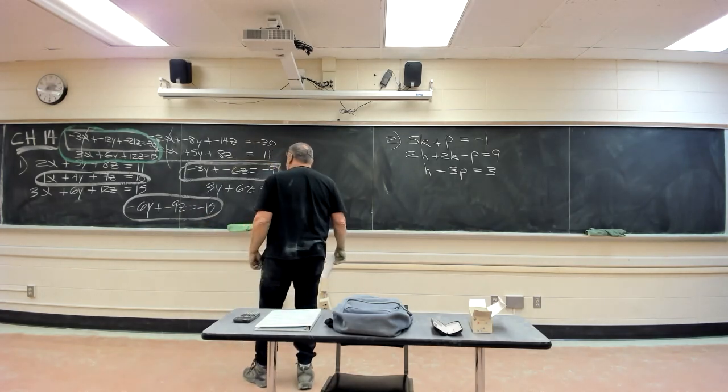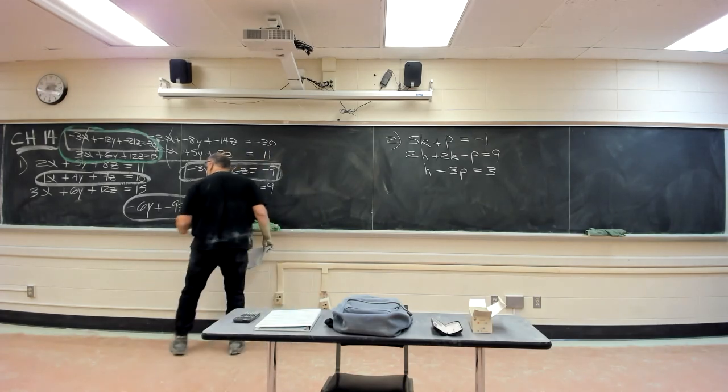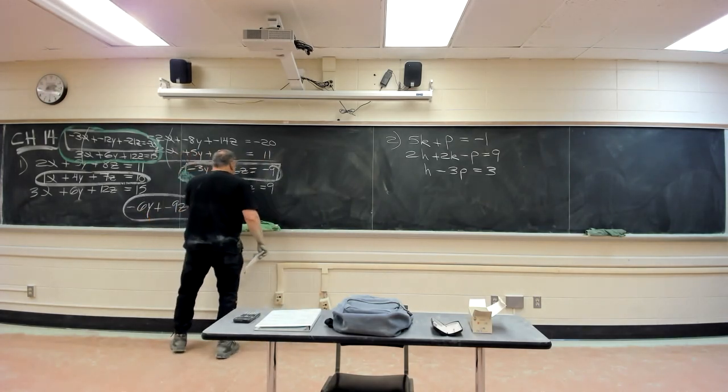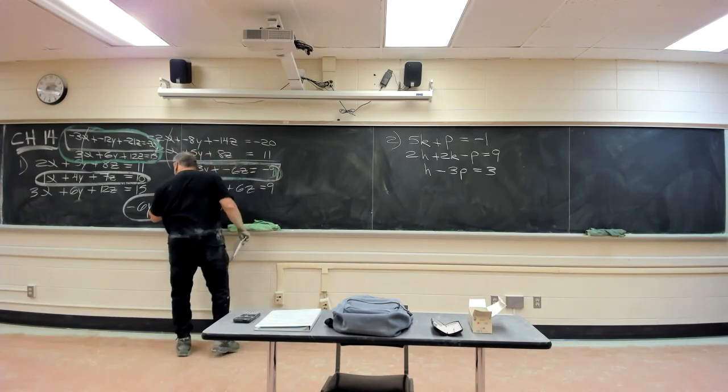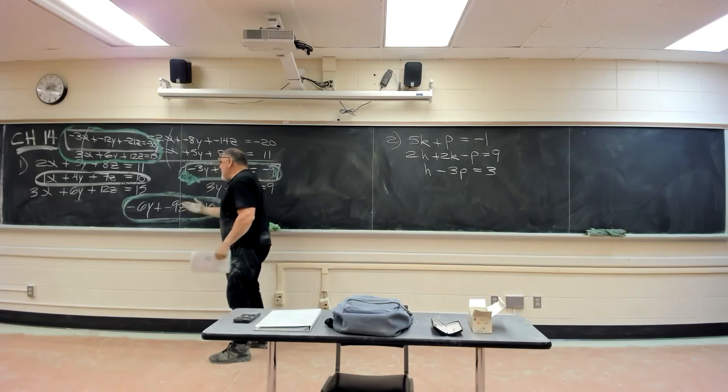A lot of ways you can go here. I'll tell you what, since we got these two, we got this, we got this. These can be manipulated. You could multiply by a -1 on each side of this equation, and you get 6y plus 9z equals 15.